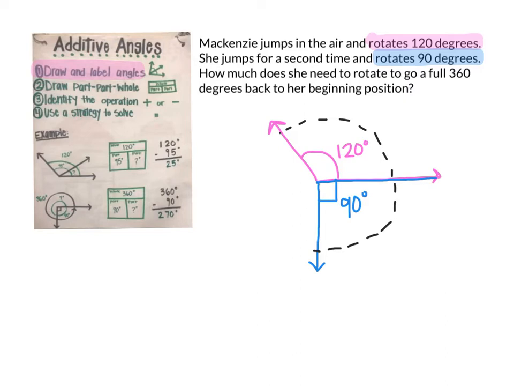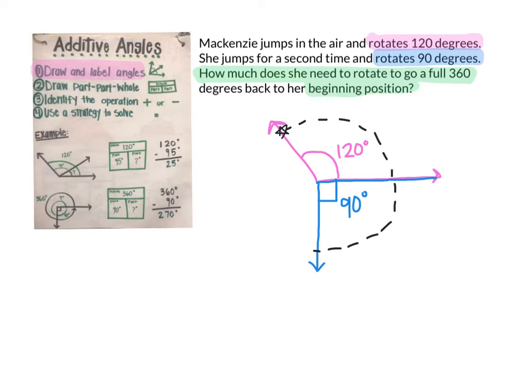Next, my final question asks me, how much does she need to rotate to go a full 360 degrees back to her beginning position? So I want to solve for how much she needs to rotate to go a full 360 degrees or back to her beginning position. So we know she started her jump right here.